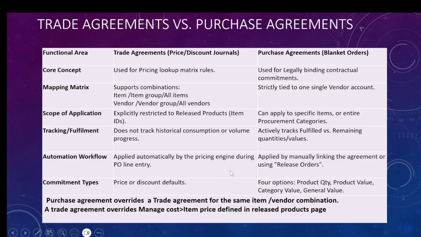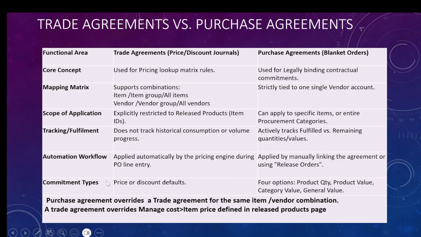Whereas in a purchase agreement, you actually have to link the purchase agreement and release the order. So there's one more step in a purchase agreement, because it is a signed contract. You need to have a released order. Once you release the order, automatically a PO will be created in your purchase order module, and you can go to the respective purchase order and start working on that further.